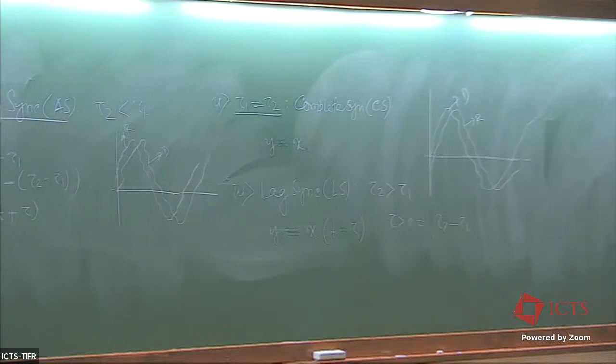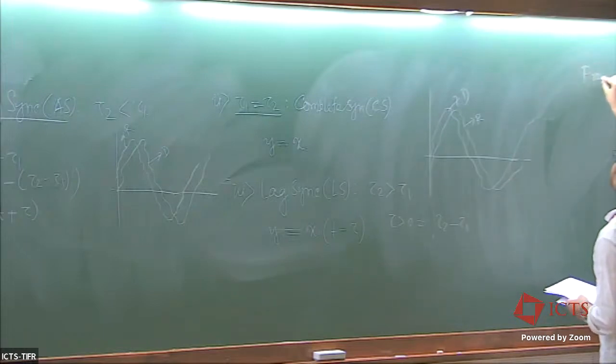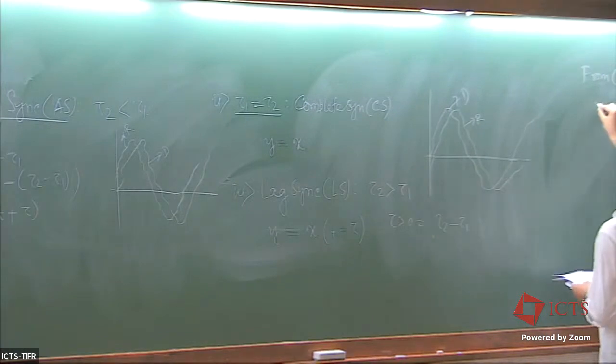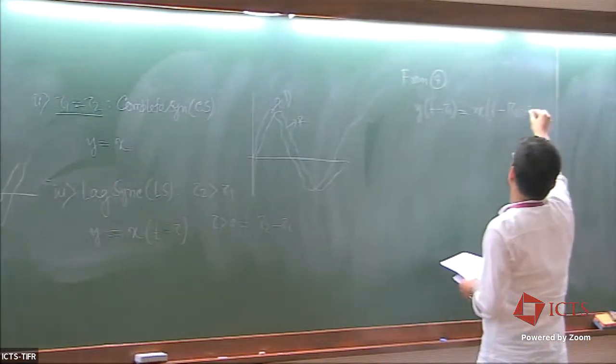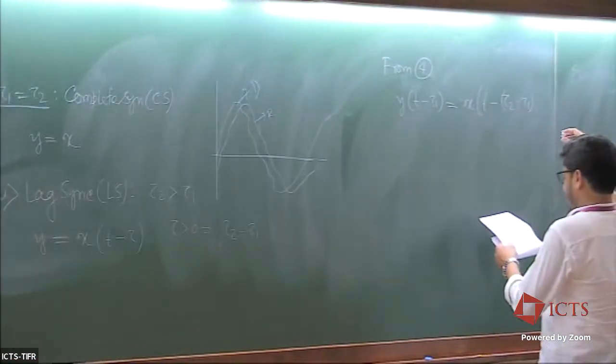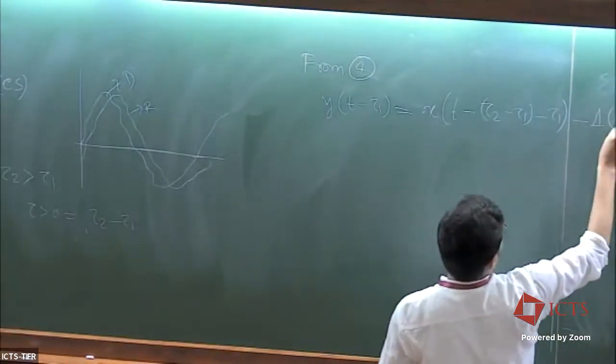Now let us check what is the condition for this synchronization. From equation 4, we can see that y of t minus tau 1 is equal to x of t minus tau 2 minus tau 1 minus delta of t minus tau 1.